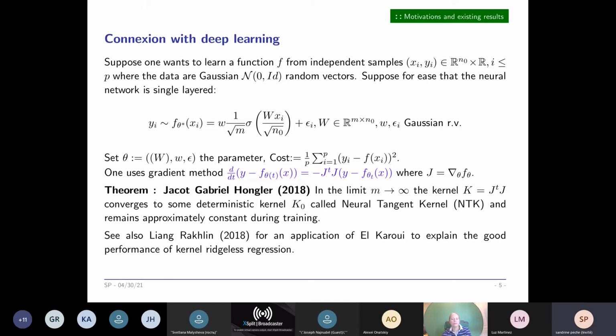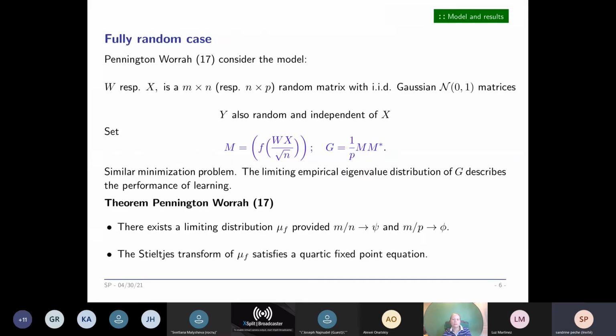I'm cheating a little bit, but this kernel K0 is really like the kernel matrices we actually study in our nonlinear random matrix models. And I will come back to their results in a few slides. Okay, we can move to the next slide.